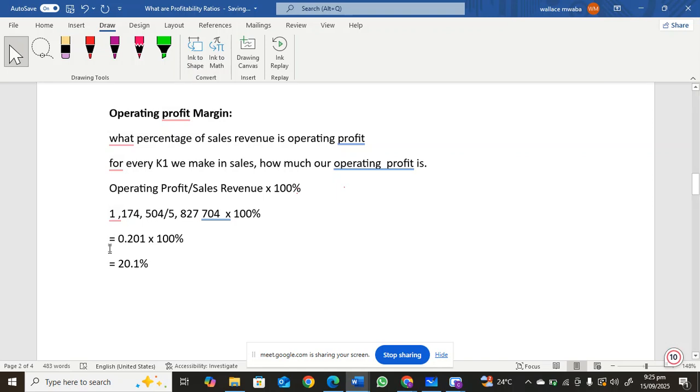The way we can interpret this, if we use the decimals here, for every one kwacha we make in sales revenue, 20 ngwe is operating profit.